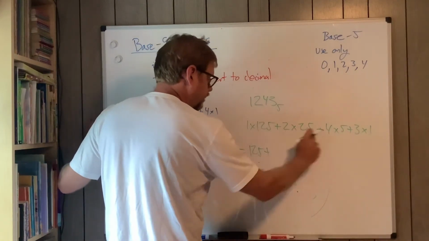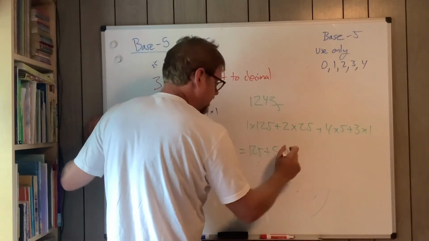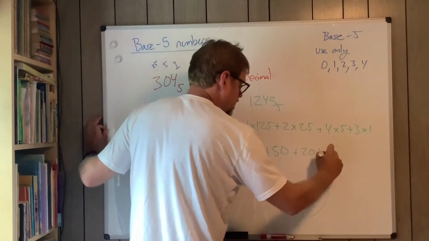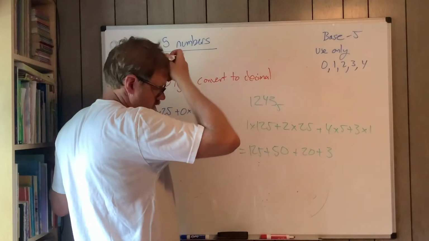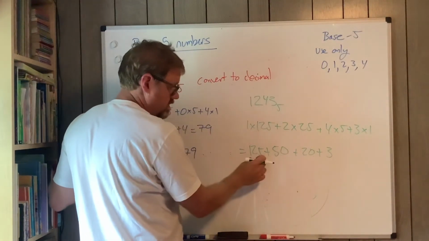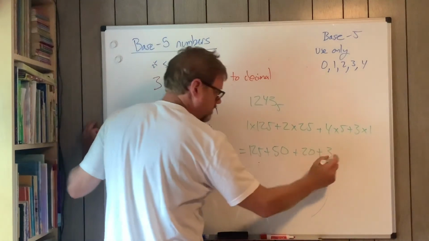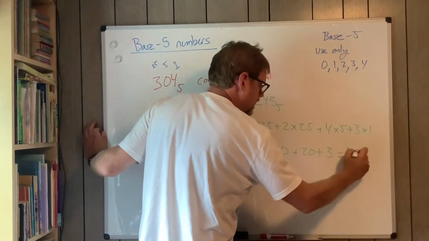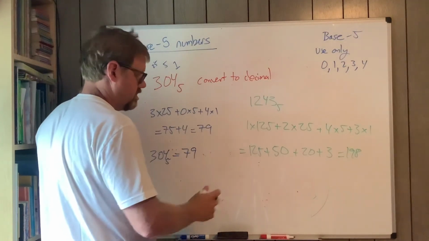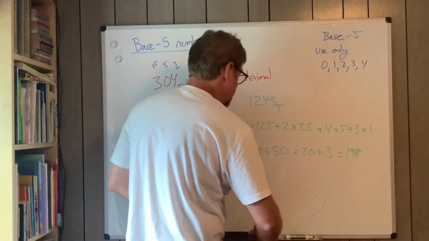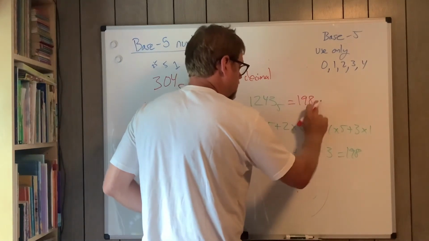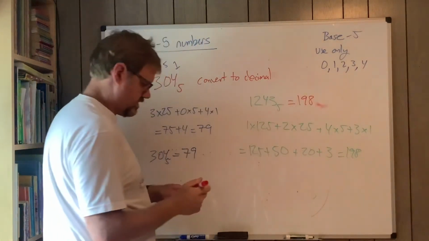That's 50. There's 20 and 3, right? There's 70. 195 plus 3, 198. Okay. So this is 198. No subscript means base 10.